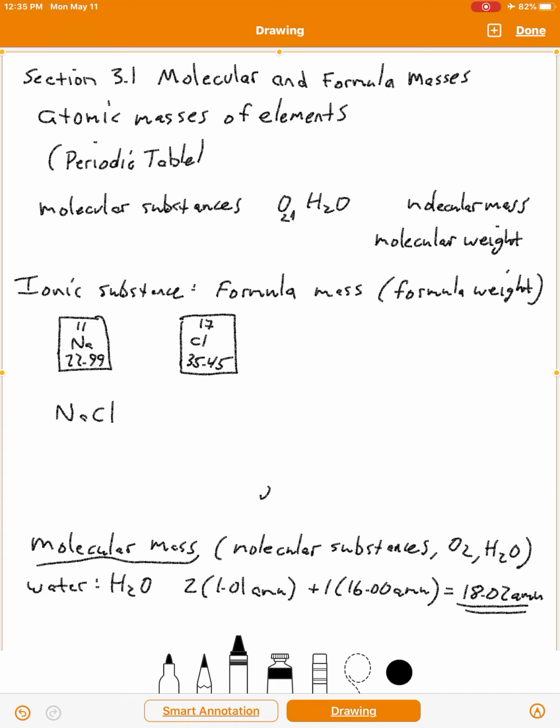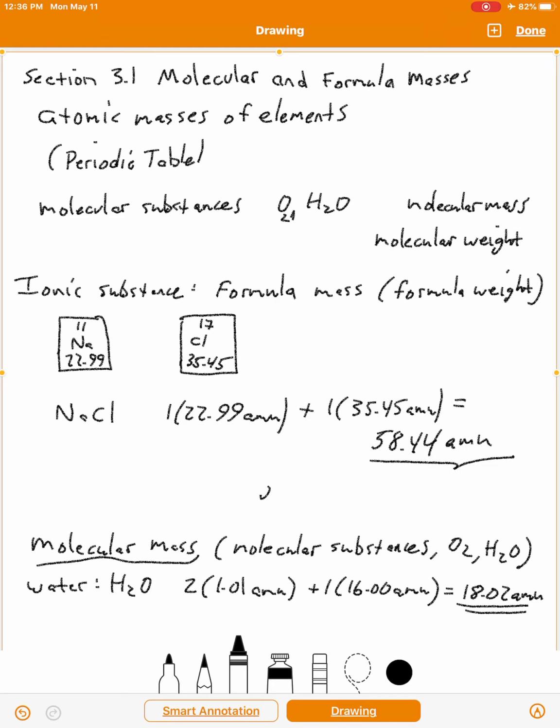We wouldn't ask what's its molecular mass because it's an ionic compound. It has a metal with a nonmetal. So we would ask what's its formula mass. Again, you might see formula weight as an older term. Same idea. There's 1 sodium, so 1 times 22.99 AMU. The units are the same. There's 1 chlorine, so 1 times 35.45 AMU. So that's going to give you 58.44 AMU. So that would be the formula mass of sodium chloride.